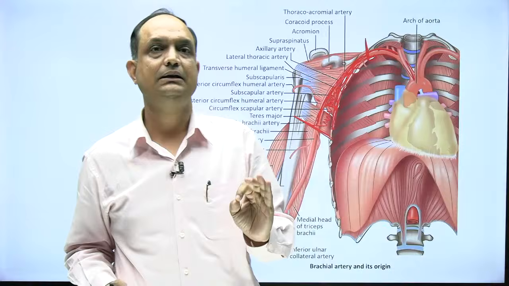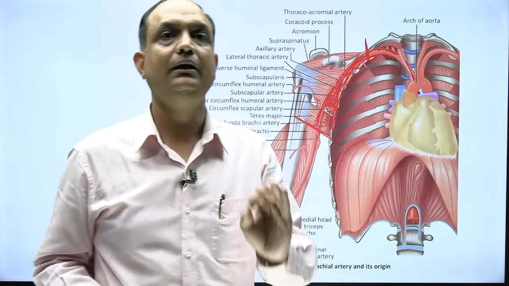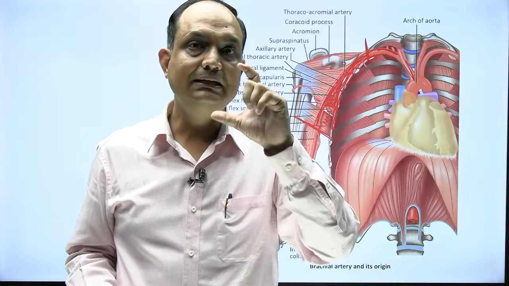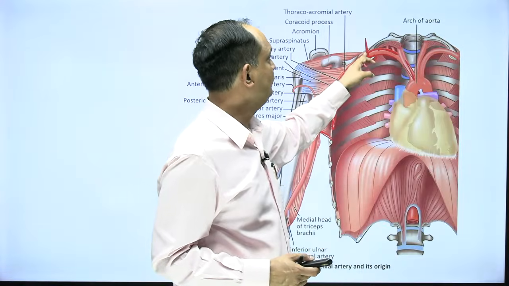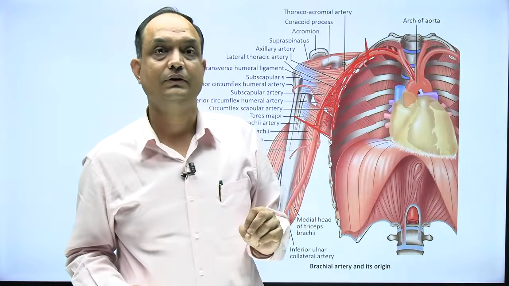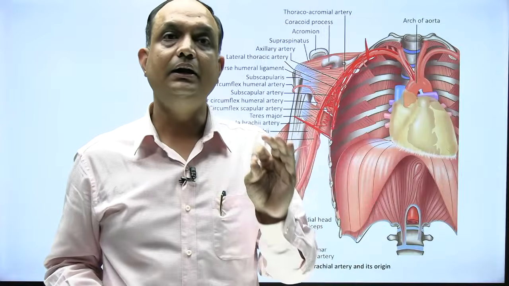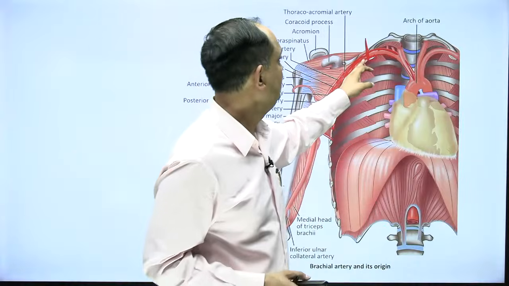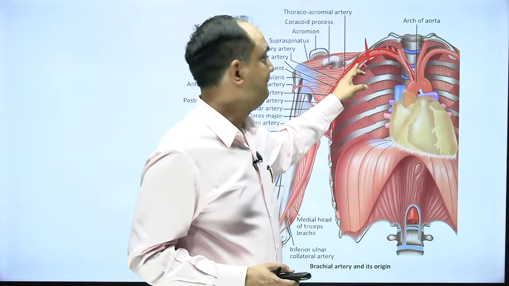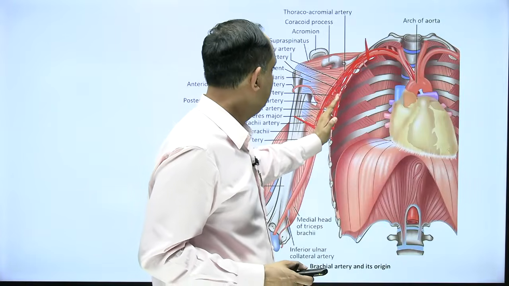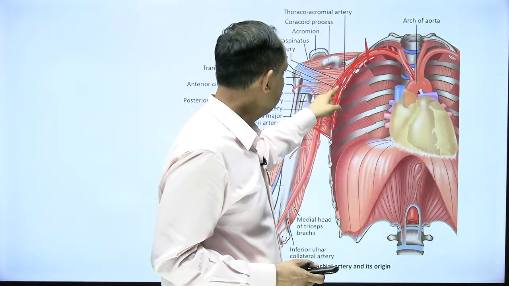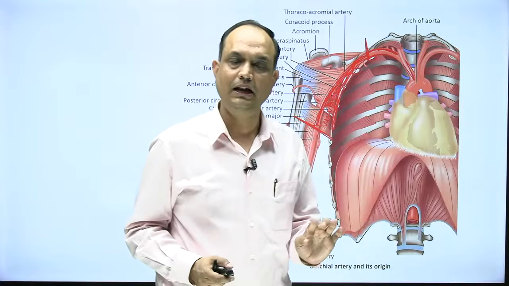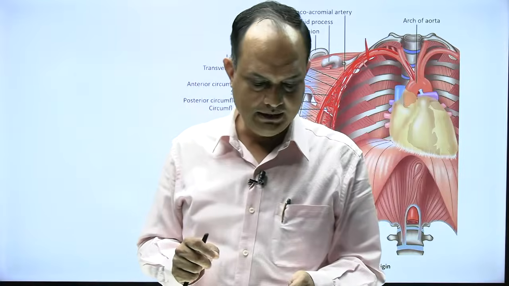Please try to understand this concept: we are reading from the outer border of the first rib, and initially the artery is related with the chest wall only in the first part. But as it goes down, it is going towards the upper limb. So it is no more related with the chest. Clear? So this is one of the important points.